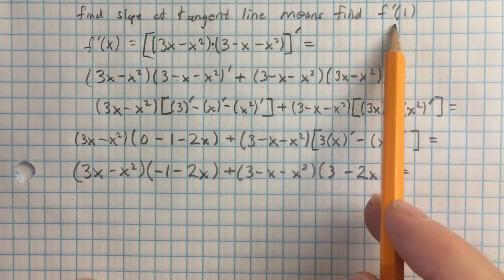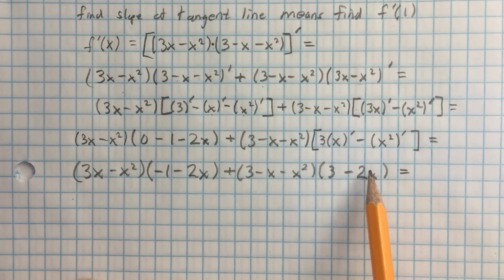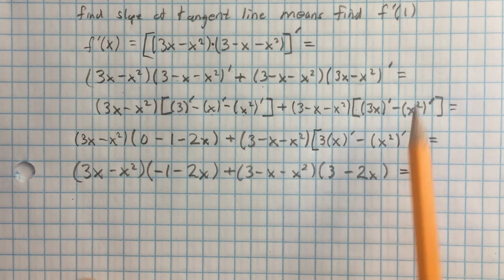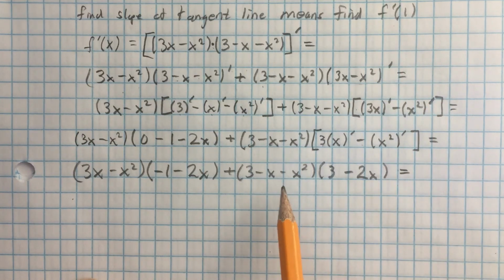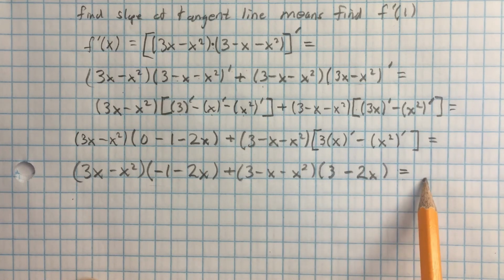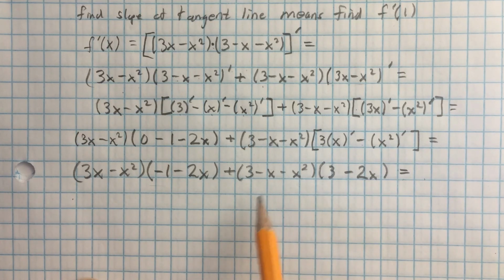Even though right now you could plug in the number 1 and just compute this the way it stands, a person will be better served to go ahead and simplify and get used to the simplification process, because in many problems to come, you're not plugging in a value, you're going to want to be able to manipulate this and deal with it when it's equal to something and solve for x. So we're going to go ahead and simplify this before we do anything else.